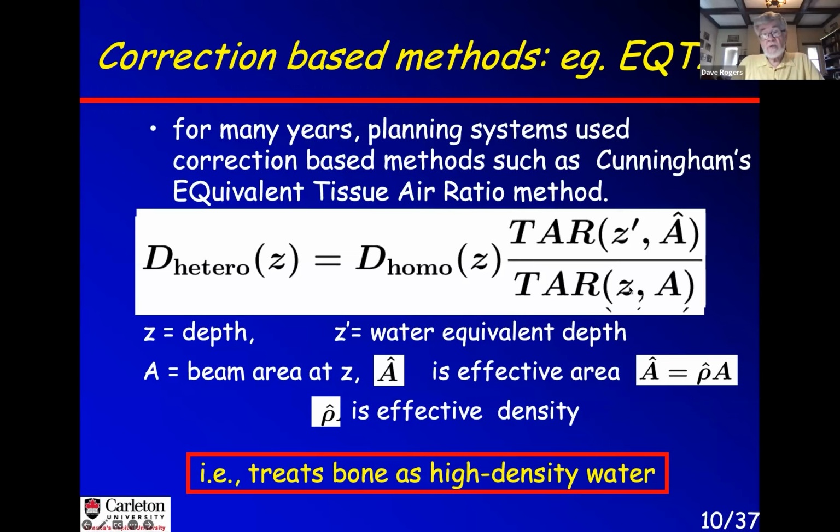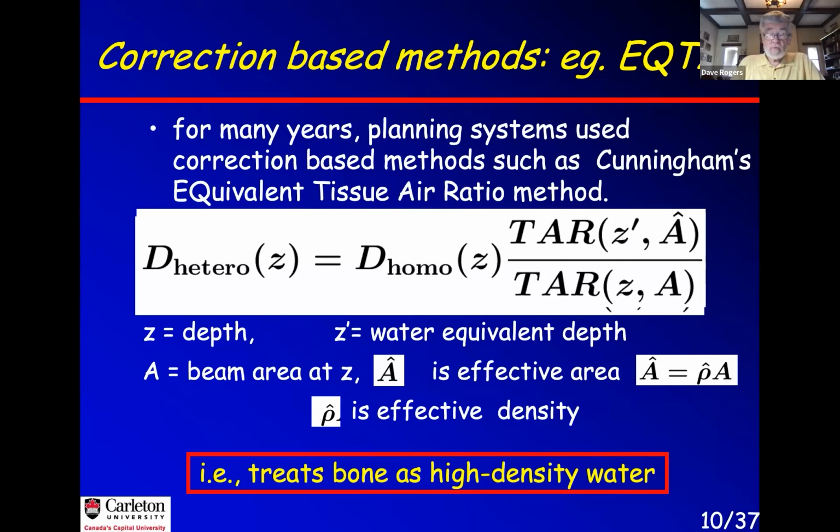In this case, the Z is the actual depth if it was pure water. This is the real area of the beam, whereas A hat is the effective area of the beam where it's taking into account the density of the material. And Z prime is the water equivalent depth of the point you're interested in.